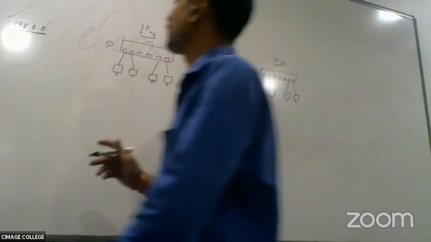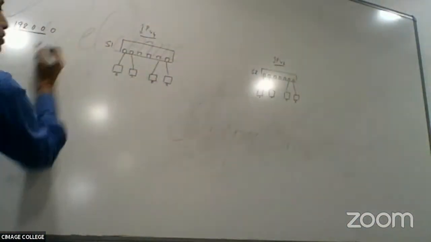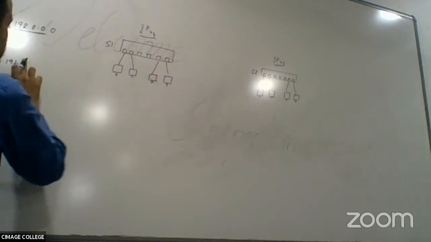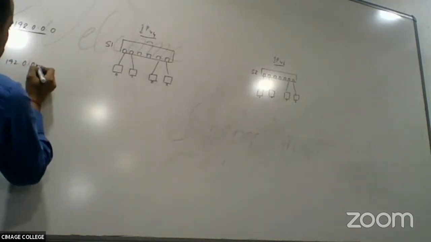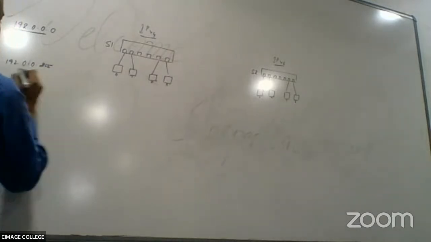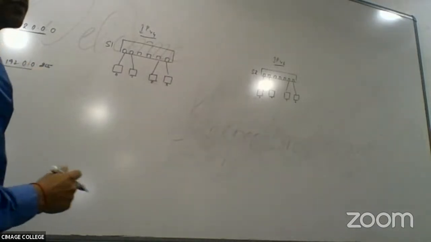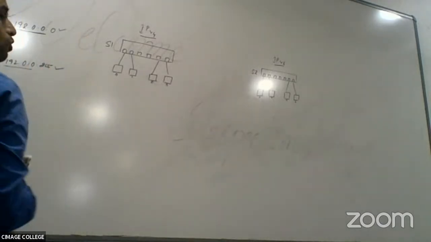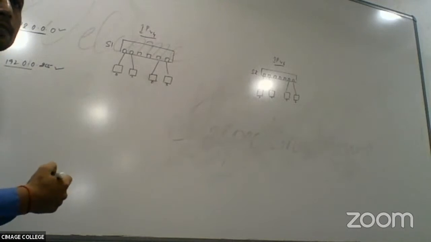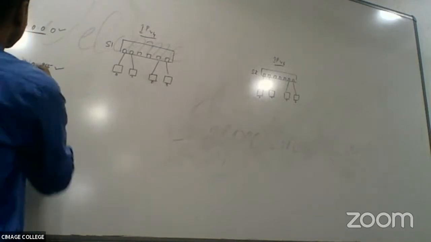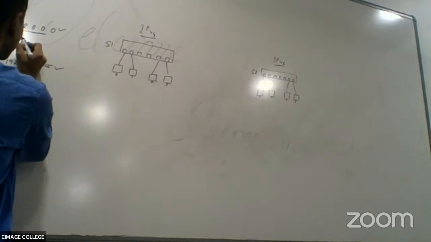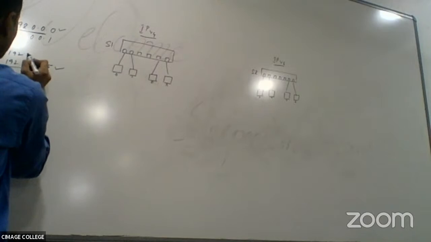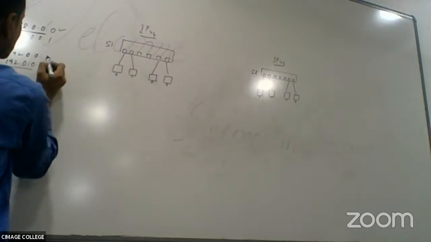Network decided. Now in this network, the very first IP will be 192.0.0.0 and the very last IP will be 192.0.0.255. Fine. So we cannot use this IP address. We cannot use this IP address also. Correct? Then the valid IP range is 192.0.0.1 to 192.0.0.254.